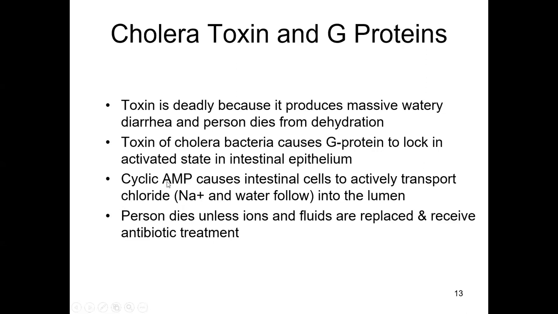So the intestinal epithelium will keep making intestinal juice. This overactivation will lead to a lot of liquid accumulation inside the small intestine. And the small intestine will pass this on to the large intestine, creating a watery stool. So this is where the diarrhea consequence of cholera infection comes from.